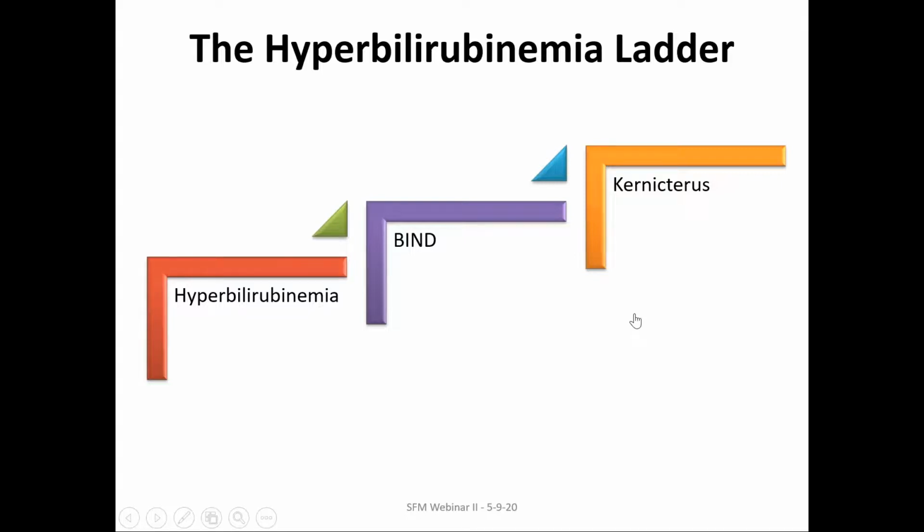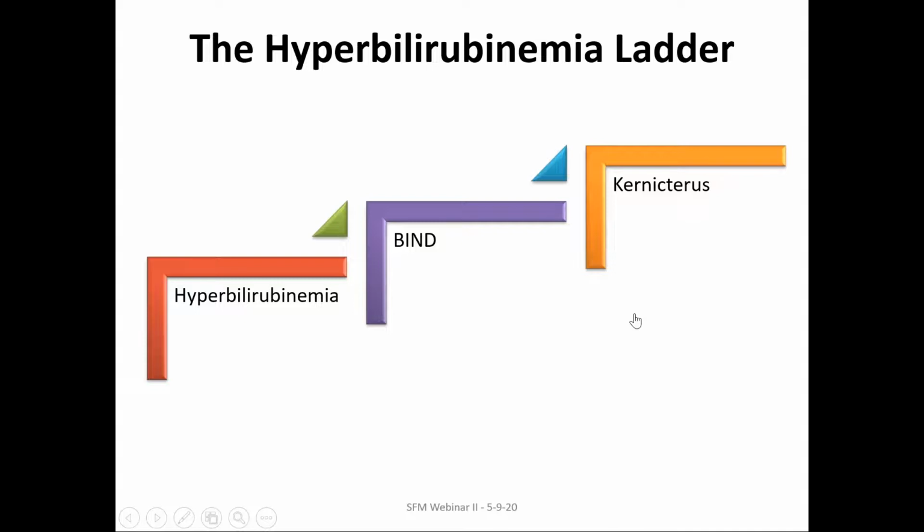This is an intermediate step between hyperbilirubinemia and kernicterus, and as far as I have figured out, the difference between BIND and kernicterus is that BIND is a reversible phase in this progression, but kernicterus is the end stage of chronic bilirubin encephalopathy, which once reached becomes irreversible and permanent.